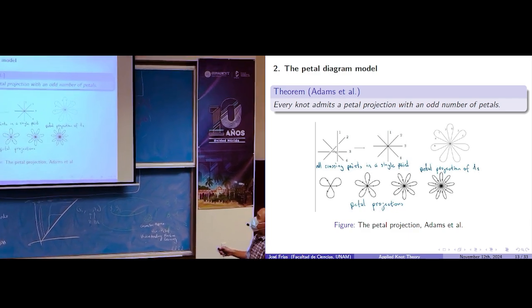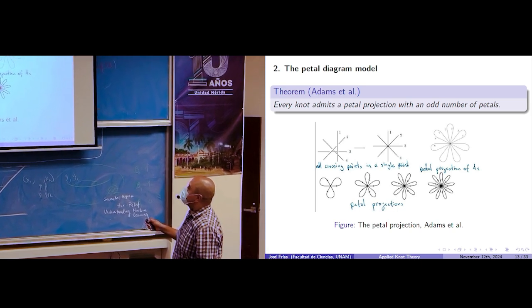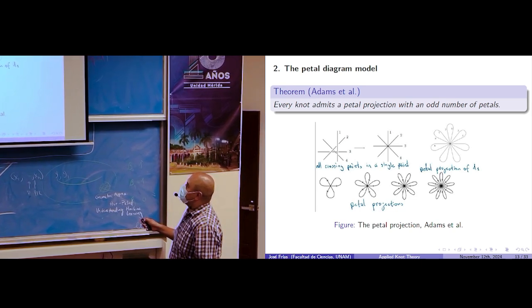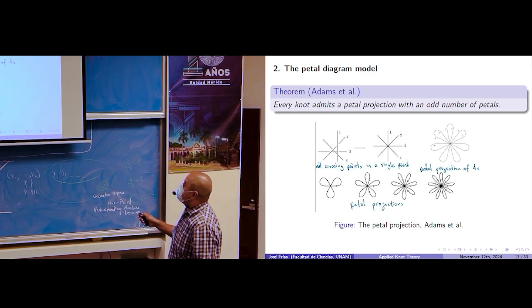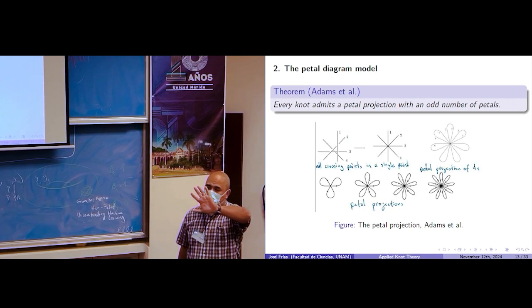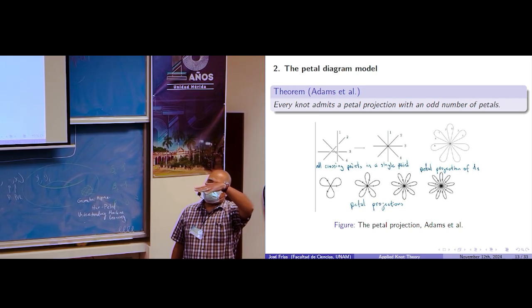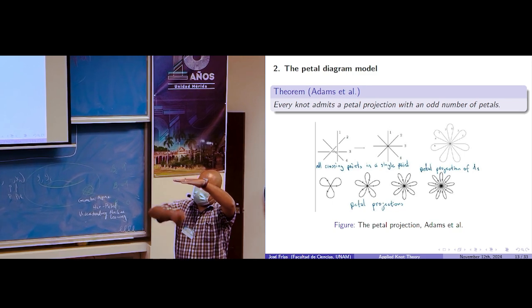So the information of the knot obviously is not in the multi-crossing point, because you have all crossings concentrated here, but the information is in these numbers, right? So you can see this kind of a flower, but what if I see the flower in this way? So this point is going to be an axis, right?